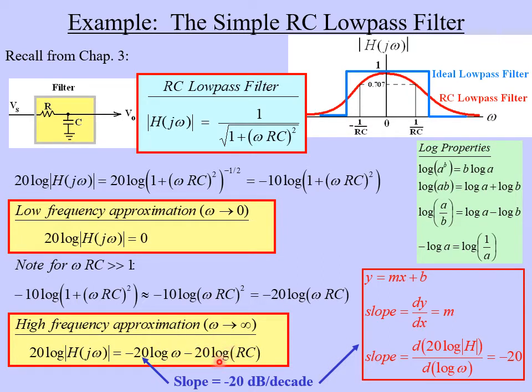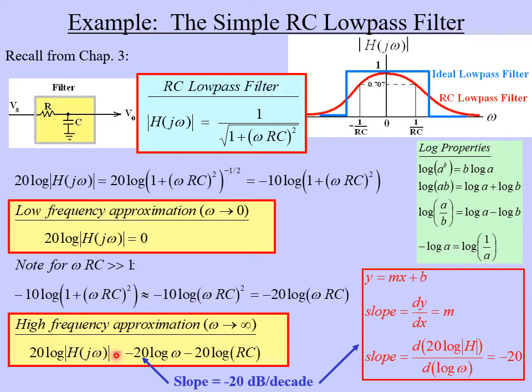Now, what does this mean? Well, remember what we're plotting here is on the y-axis, we're plotting 20 log of magnitude H of j omega. So this is like our y. And on the x-axis, because remember, we're doing a log plot, we're plotting log of omega, basically, if we think of this like a log-log plot. So this negative 20 out in front gives us the slope of the plot, because this is the number in front of the x. Log of omega is like our x.